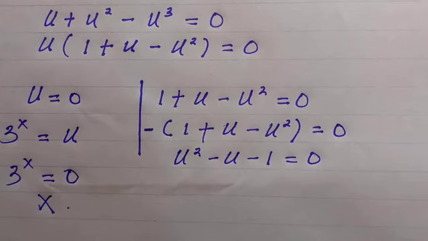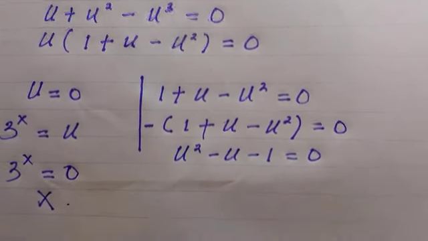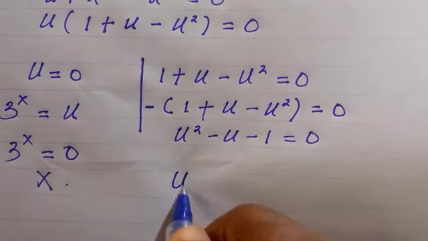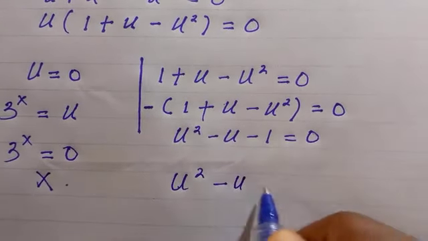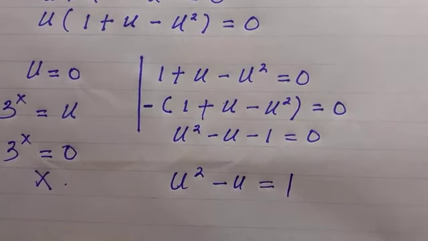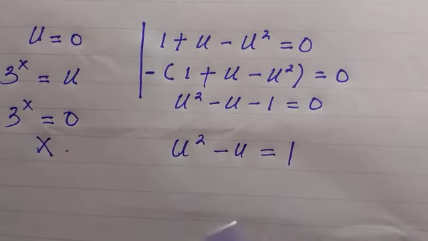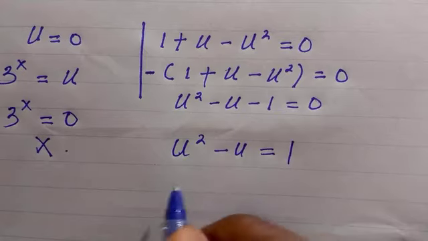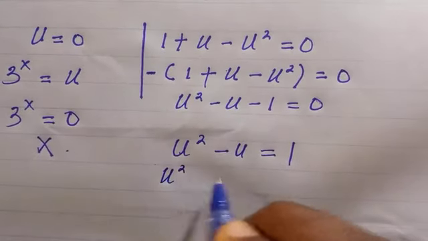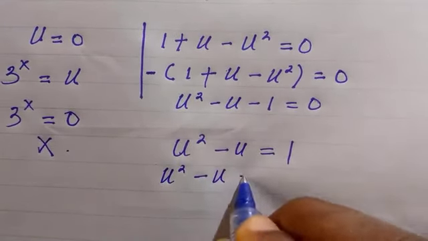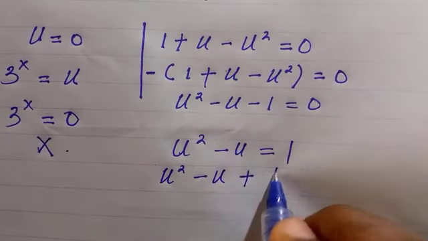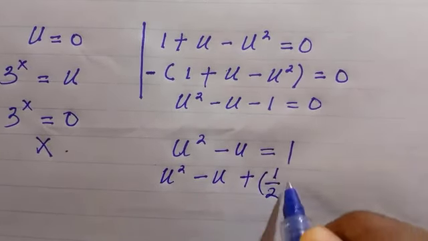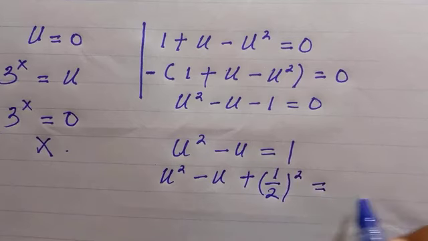And here is a quadratic equation which we can solve by the completing the square method. To start with completing the square, we take the constant to the right hand side, and the next thing I will do is add 1 over 2 raised to the power of 2 to both sides.